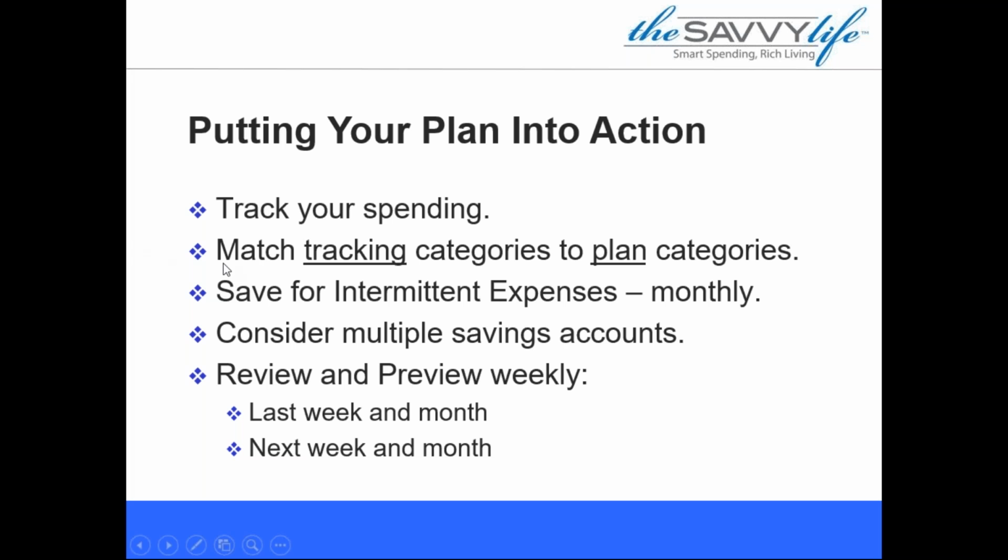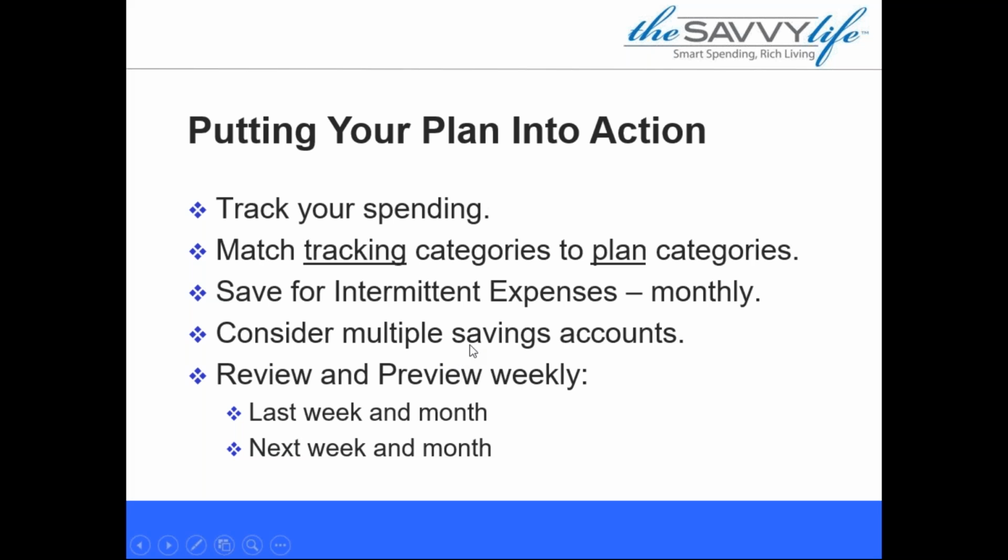One of the other things that is very important regarding your spending plan and putting that plan into play is that you are matching the categories that are on your spending plan to what you're tracking, okay? So in other words, a simple example is I told you that I don't track electricity, I track PG&E when I'm paying my utility bill.